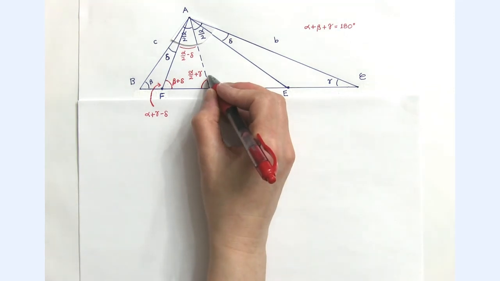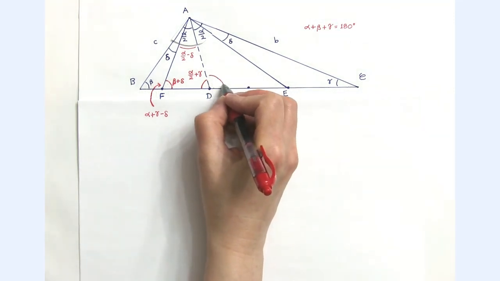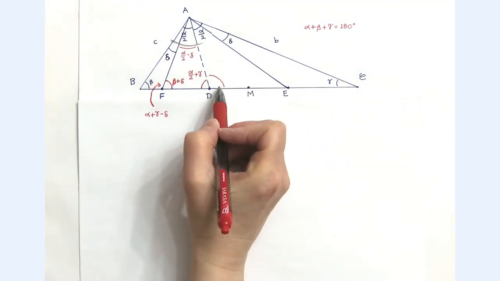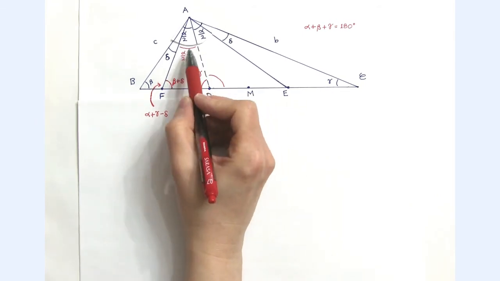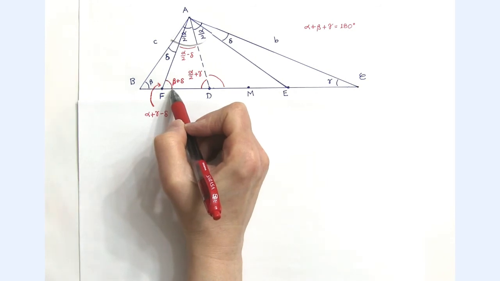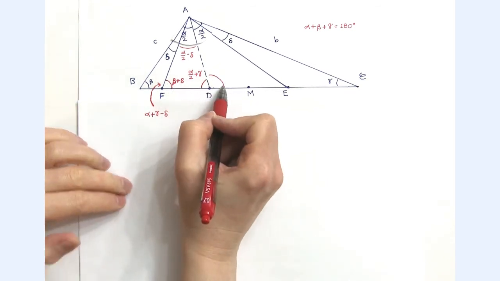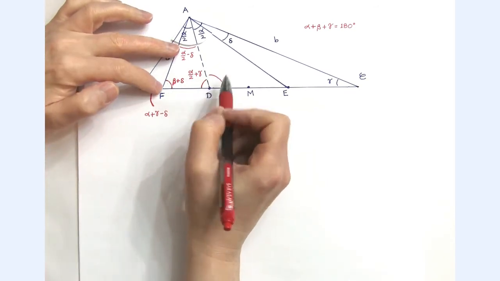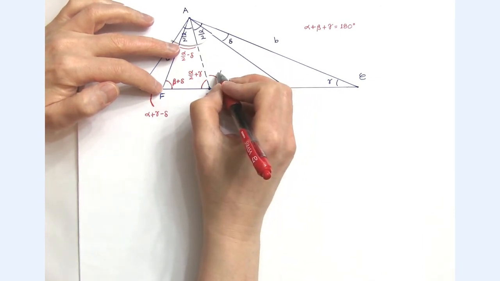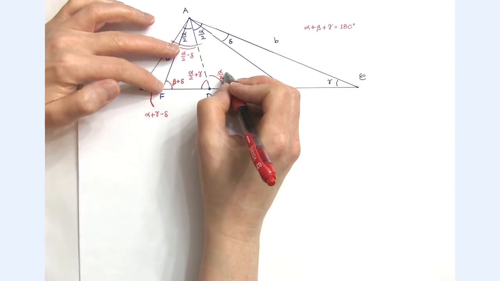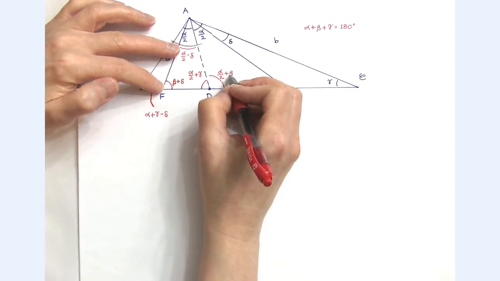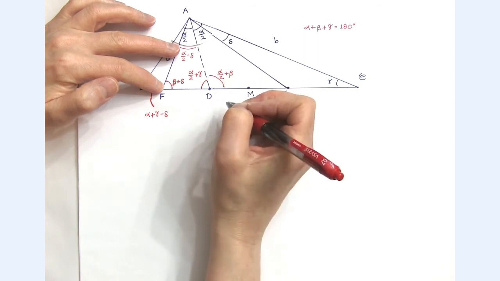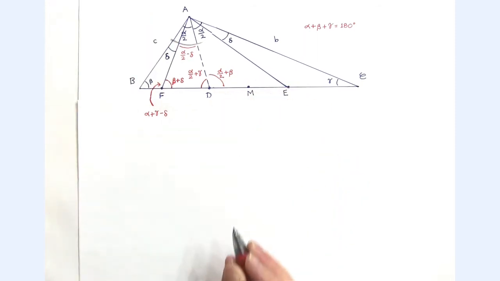And this angle, I know, is 180 minus this angle, which is the same as this angle plus this angle. So this angle is alpha half, or 1/2 alpha, plus beta plus delta minus delta.